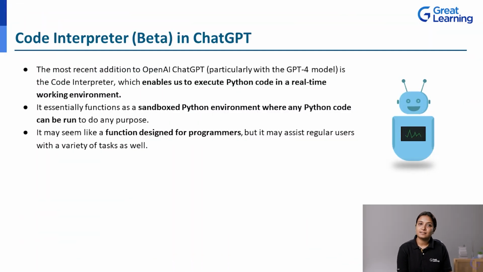First let's understand what the code interpreter is. It is the most recent addition by OpenAI to ChatGPT, particularly for the ChatGPT model 4, which enables executing Python code in a real working environment, with certain essential functions sandboxed in a Python environment wherein Python code can be run, and you can use it for any other purpose, right?